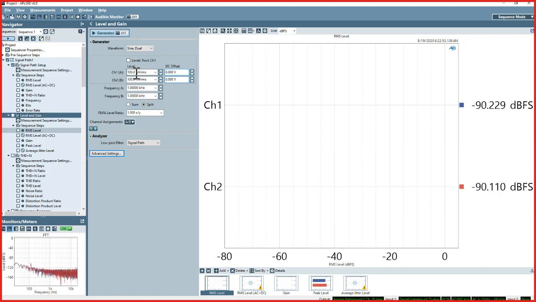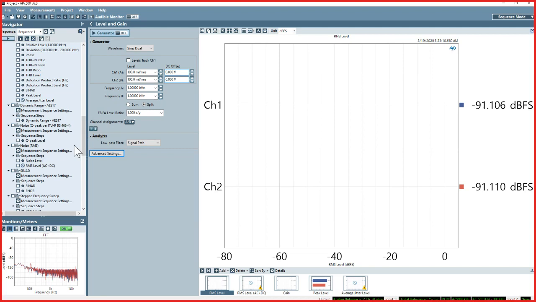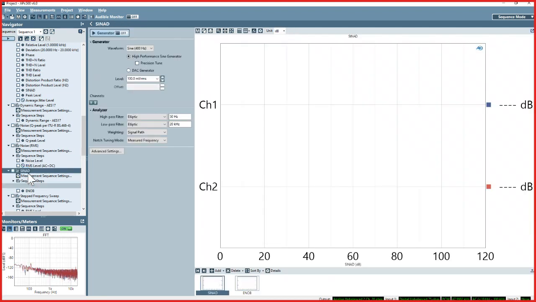Okay, thank you, Daniel. I have another question asking for a demonstration of SINAD measurement. Yep. Sure, I kind of ran out of time, but let me take a look at that. So for those who may not know, SINAD, I'm not actually sure what the correct pronunciation is, is the reciprocal of THD plus N. It really is 1 over THD plus N, and it's expressed in dB.